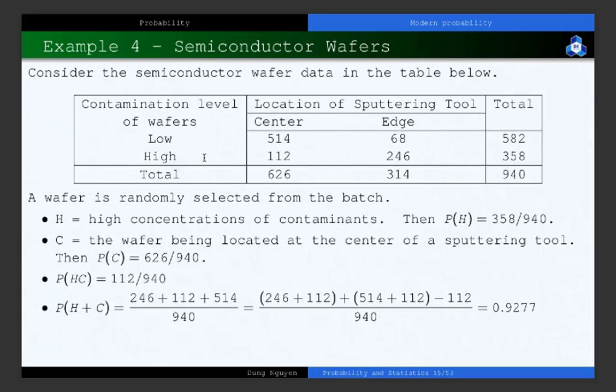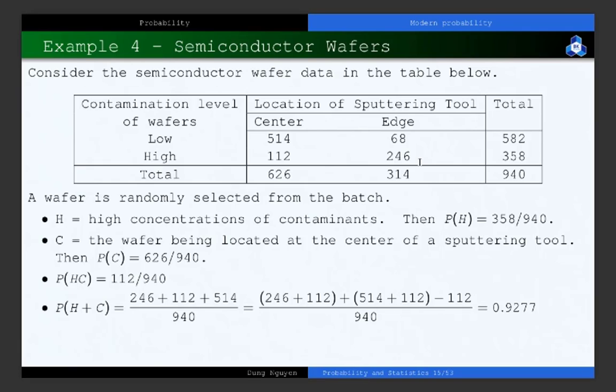There are 2 levels of contamination, low and high, and there are 2 locations of the tool, at the center or the edge. And as you may see, there are 514 wafers of low level of contamination at the center of the tool, 68 wafers of low level of contamination at the edge of the tool. Same for the other numbers.